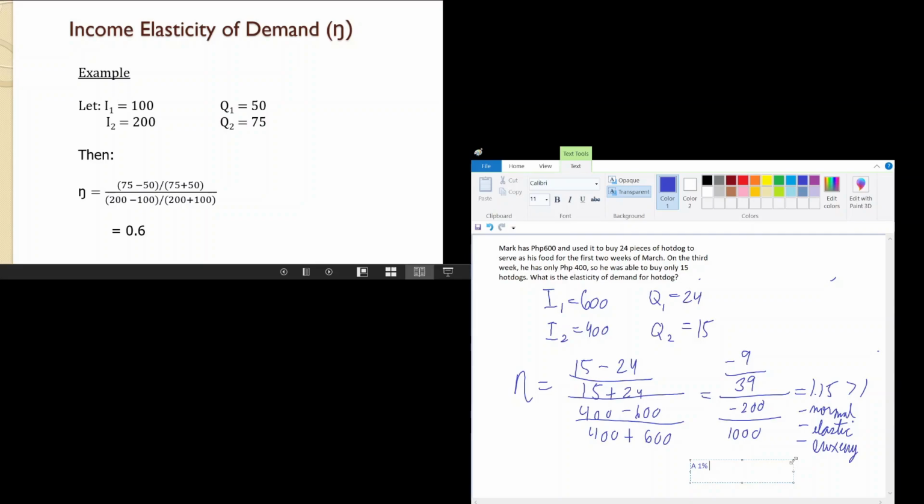So, we have here 600 naging 400. So, a 1% decrease in income causes a 1.15%, from 24 naging 15, decrease also. Decrease in the demand for hotdog.